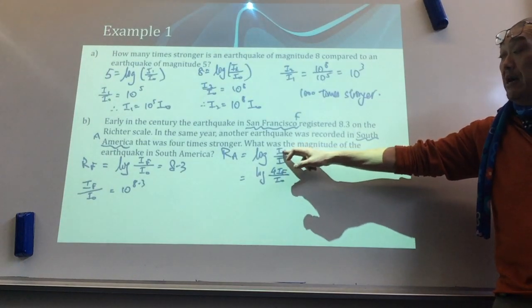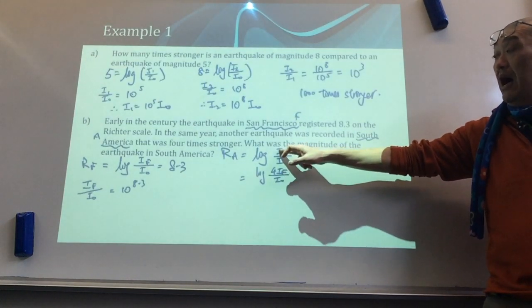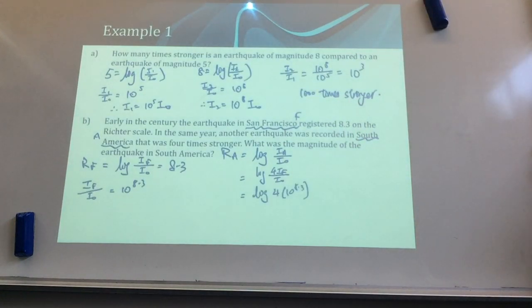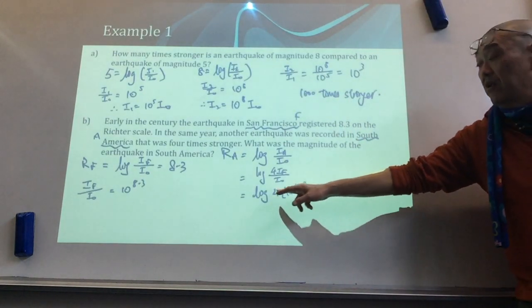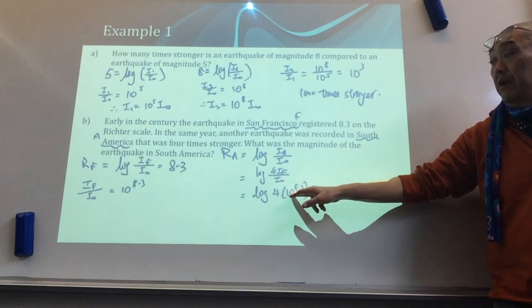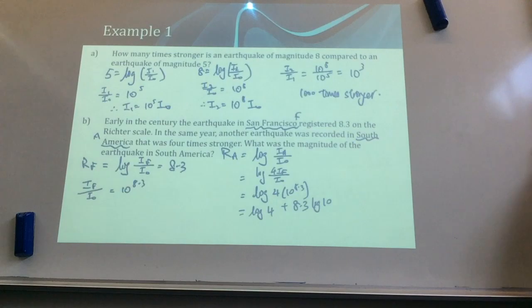All right, because IA is 4 times stronger. So therefore it is log of 4 times this. All right. And log 4 plus 8.3 log 10. So it's 8.9. Approximately 8.9. Use your calculator. It's approximately 8.9.